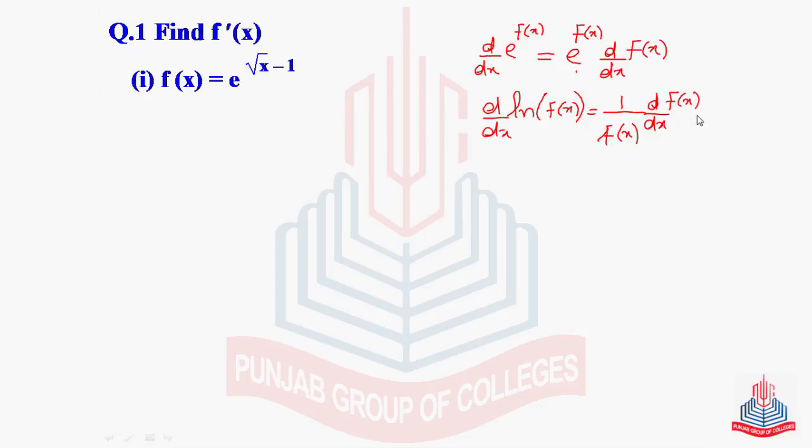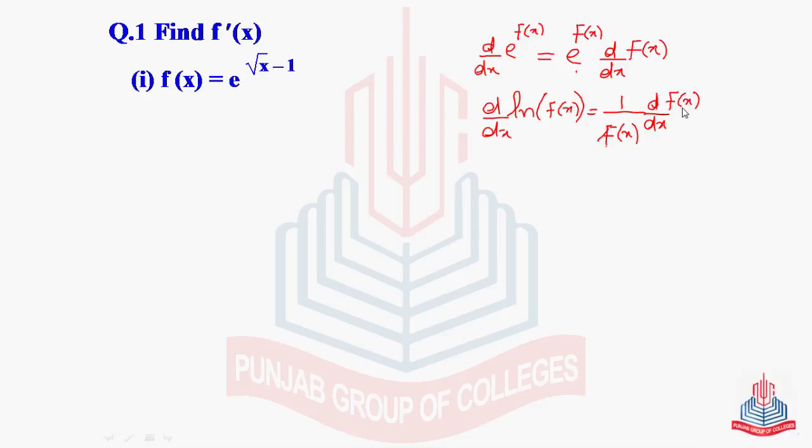So this is actually the derivative of a function involving log, or natural log specifically. So the derivative of natural log f of x will be 1 over f of x, and then the derivative will apply on the function f of x.